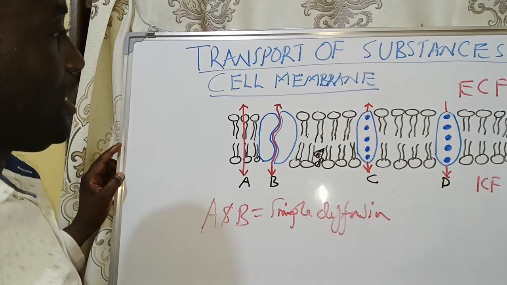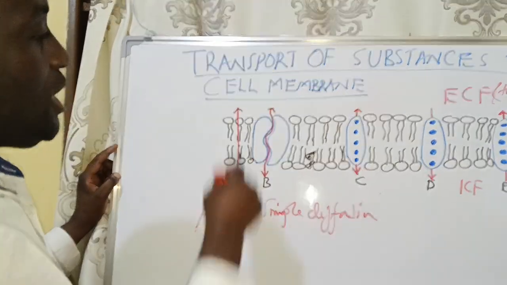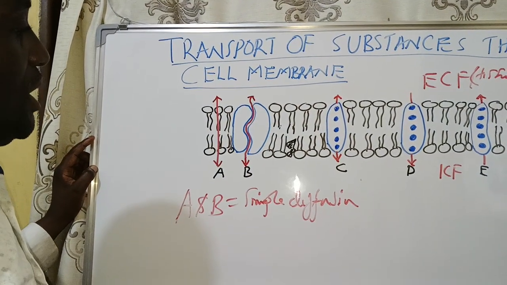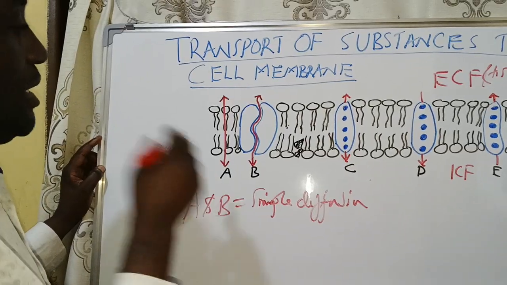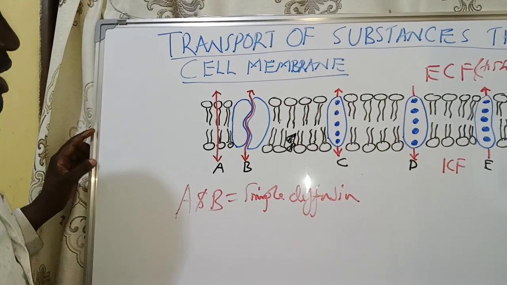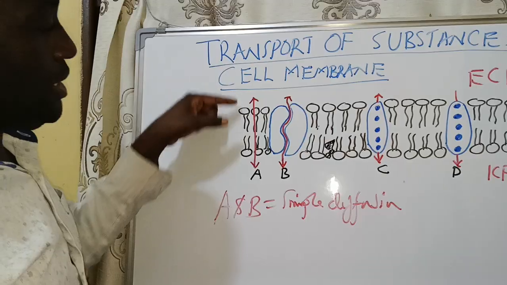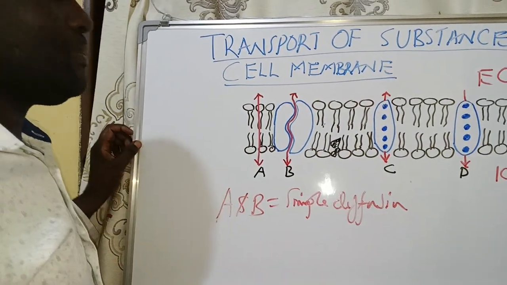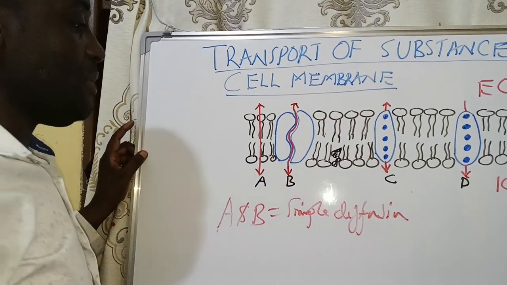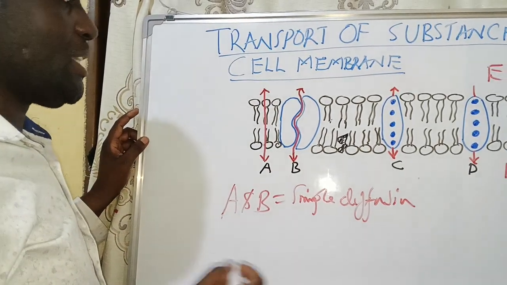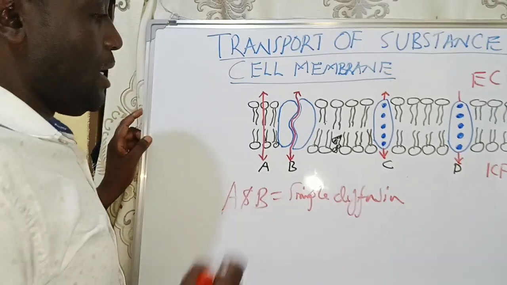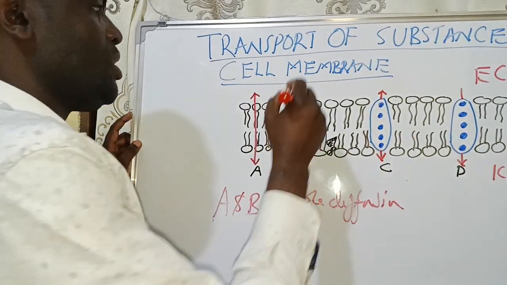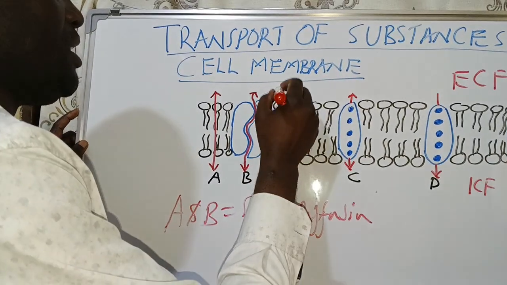Category A, how do we tell simple diffusion is two-way? That is two-way diffusion. But look, category A is through the phospholipid bilayer. These materials are passing through the phospholipid bilayer. But category B, they are passing through a protein channel.